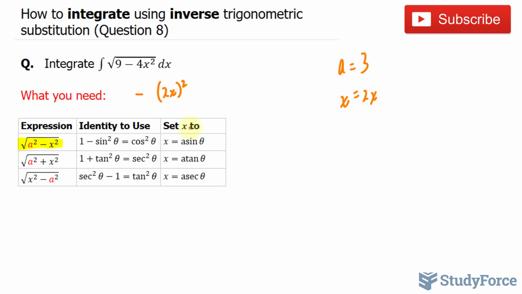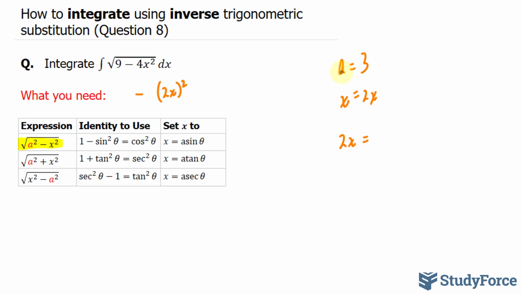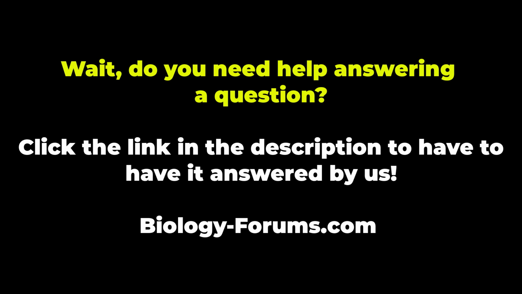Now what I can do is set x as the following, where I have 2x is equal to, a is 3, sine theta. And from here, I will take the derivative with respect to theta. And if I do that, I'll first divide both sides by 2, so that we've isolated for x.